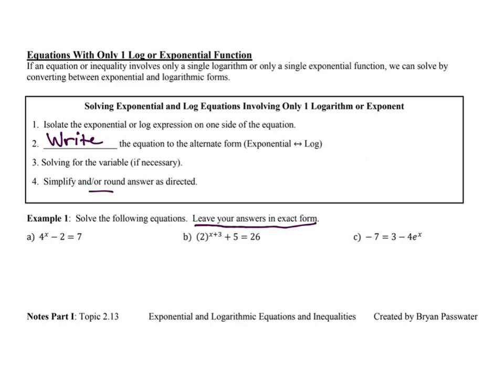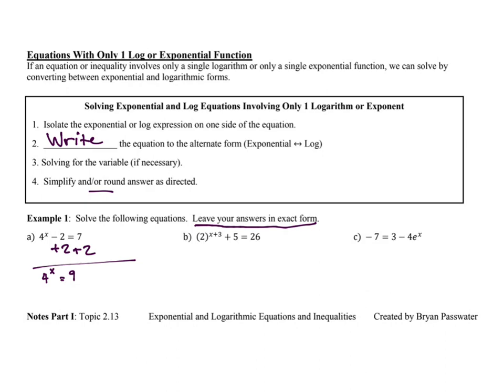Letter A, example 1. Solve the following equation. What we want to do first is isolate the exponent. Get that piece by itself. So add 2 to both sides. That's going to be 4 to the x equals 9. 4 to what makes 9? I don't know.